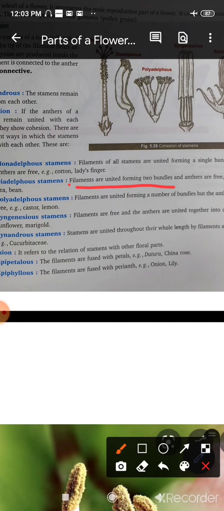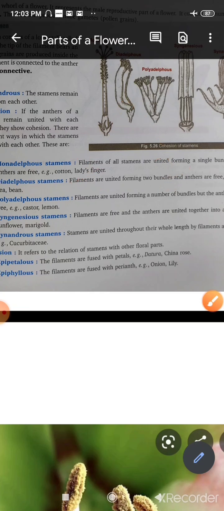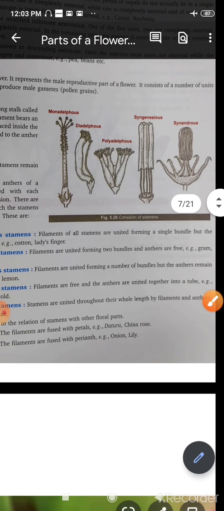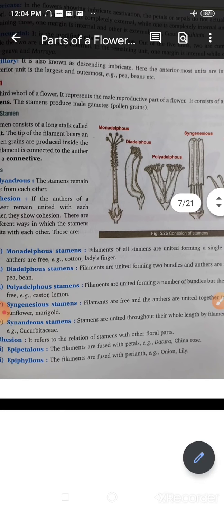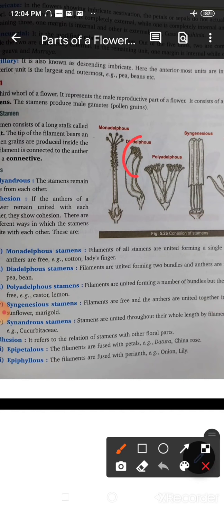If you look at this diagram, this is one bundle of stamens, and this is another one. So altogether they are forming 2 bundles. And if you look at the anthers here, you will find that the anthers are free.